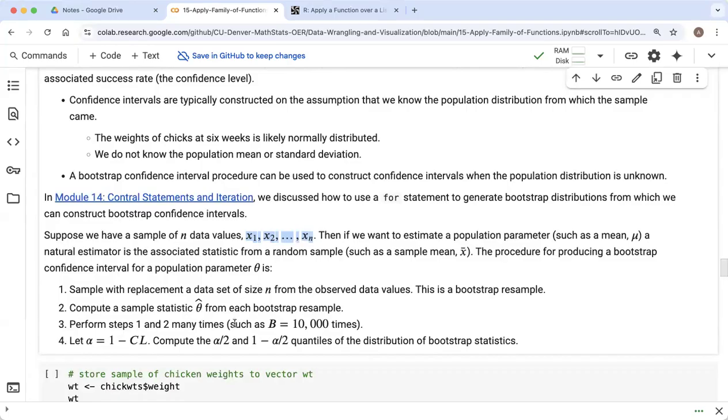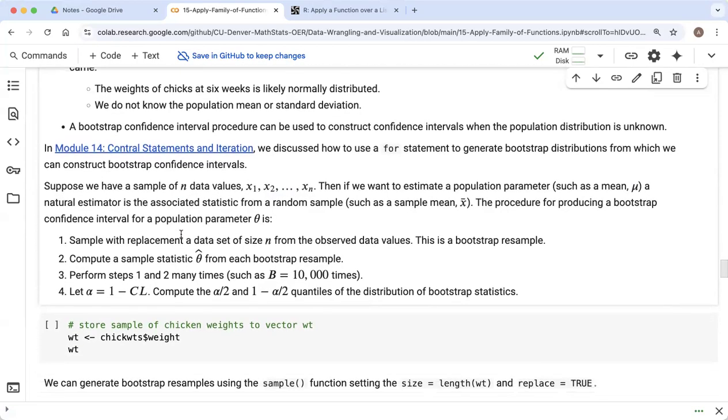And then we look at the distribution of bootstrap statistics, and we pull off quantiles from that bootstrap distribution. Again, if you're not familiar with this, I would encourage you to go back to the previous module where this was discussed in a little more detail. But that's the process that we want to implement here.